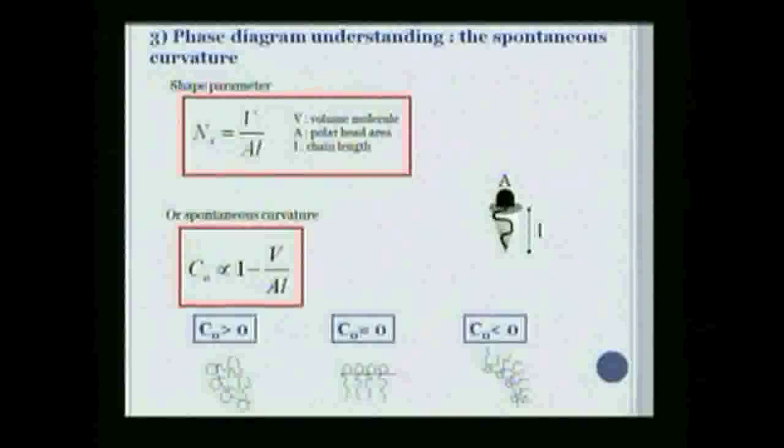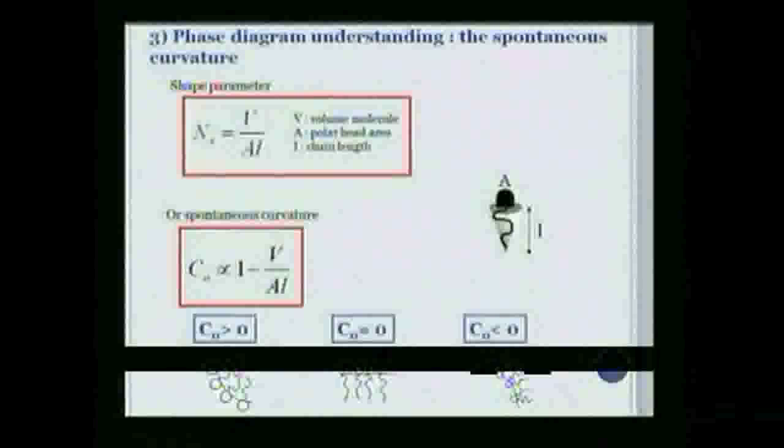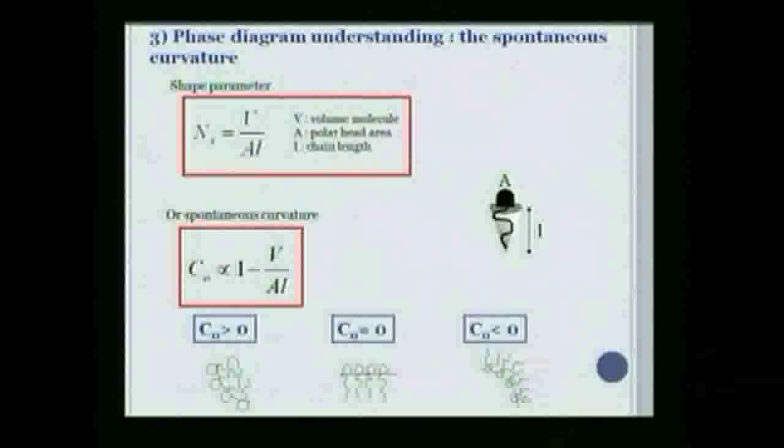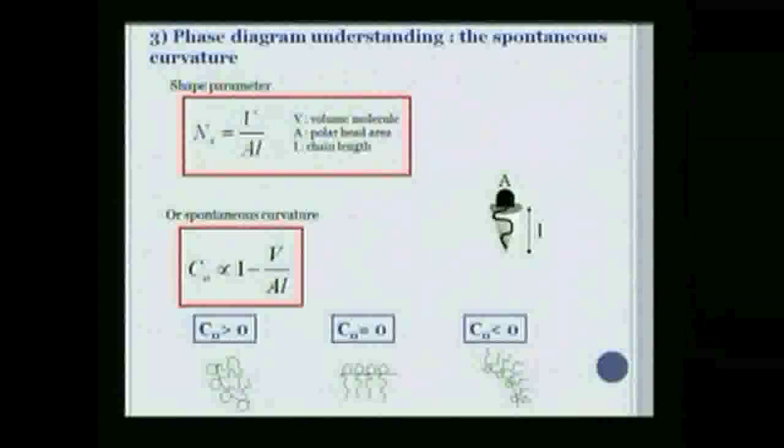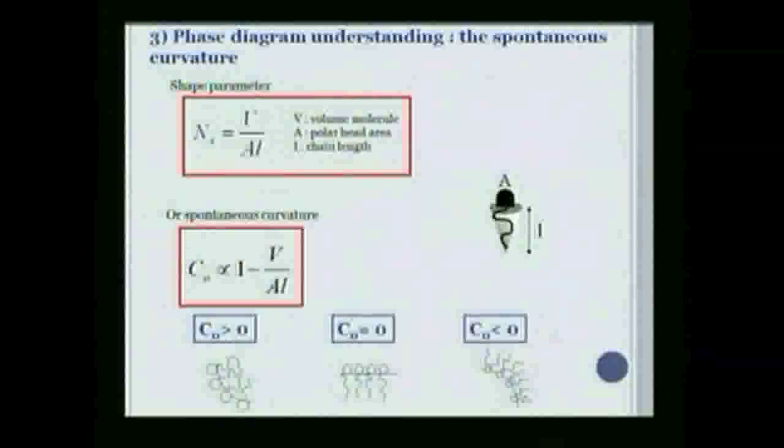In fact, I draw a volume for the area, but the polar head has to be represented only by an area, the occupied area at the interface, or in the micelle. And so this volume, the volume of the molecule, is mainly the volume of the hydrophobic part. Okay, this cone that you see here, this conic volume.